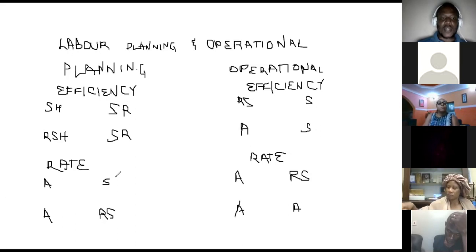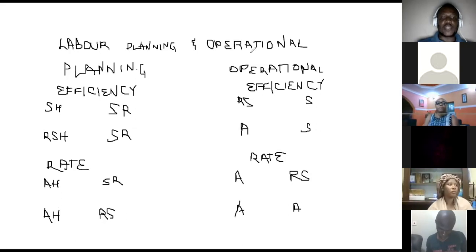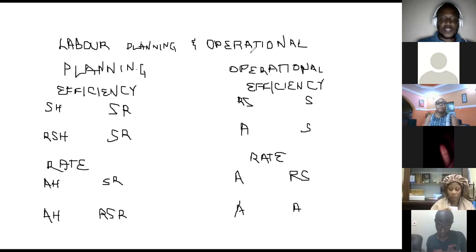For the rate, we don't care about the hours. So the hours will remain constant. So actual hour, just like our original pro forma. And then our issue is with the standard rate and the revised standard rate.